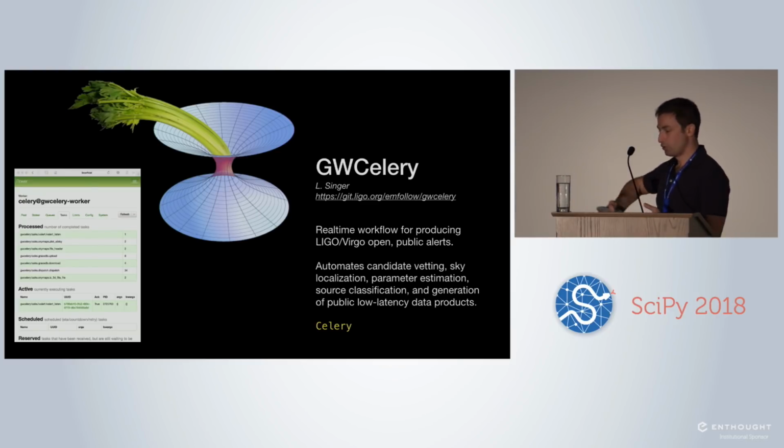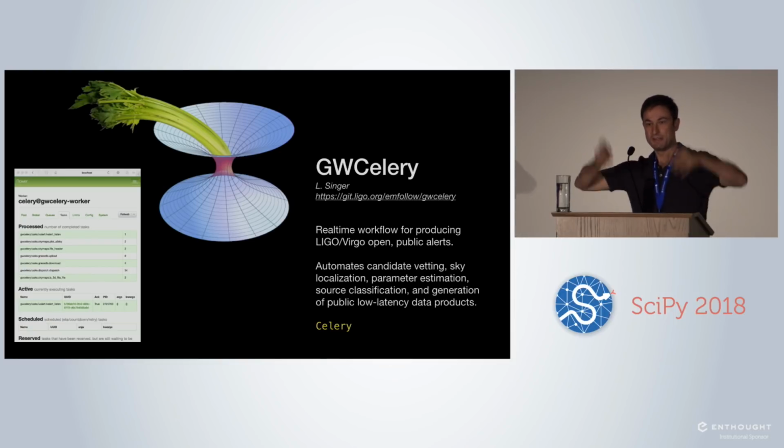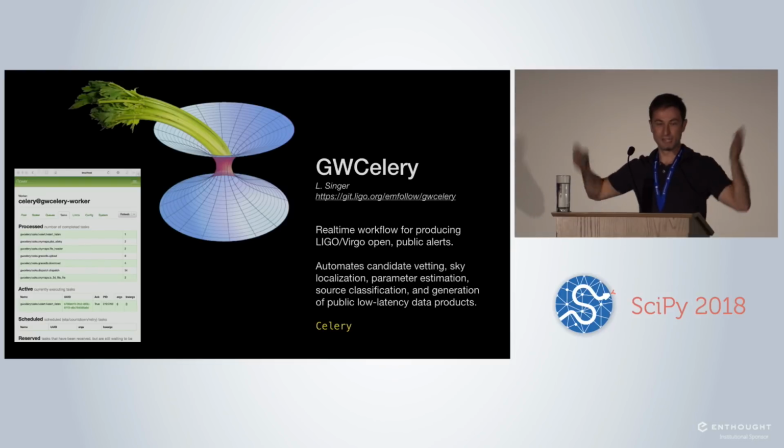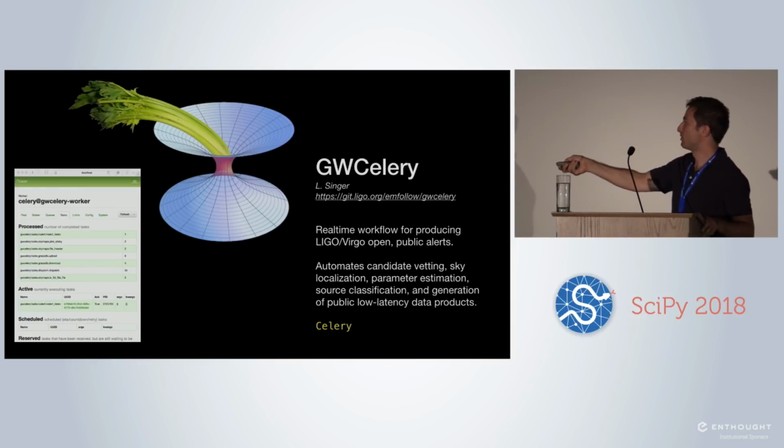At this level, you have a task that has to use 64 cores on a single machine for about 10 seconds, and then be ready to accept the next job right away. And so we use Celery for that.